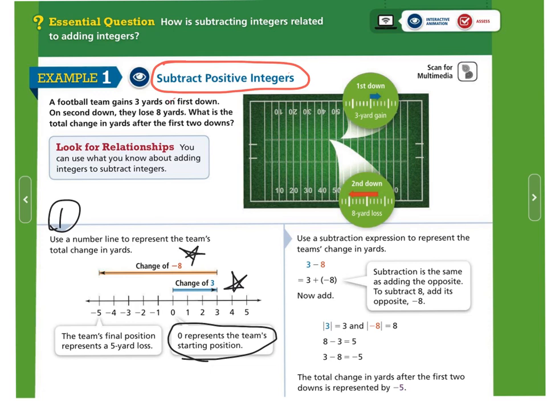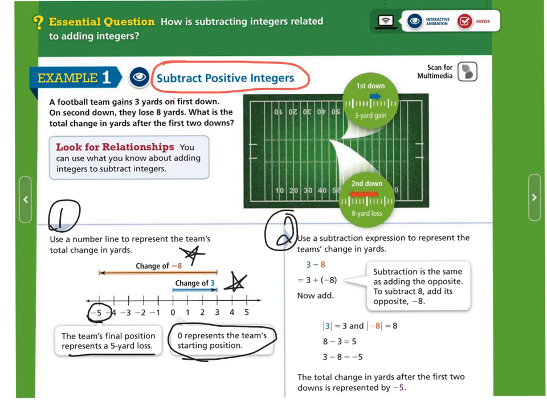In this case, a negative 8. So we're going to move from the positive 3 in the negative direction 8 yards to see where the team's final position is. Their final position on the number line is at negative 5, which represents the team's 5-yard loss after those 2 downs.